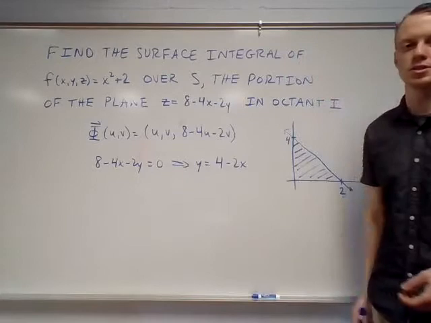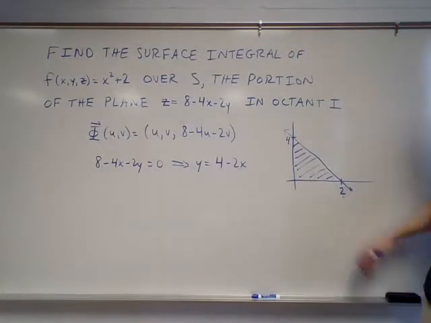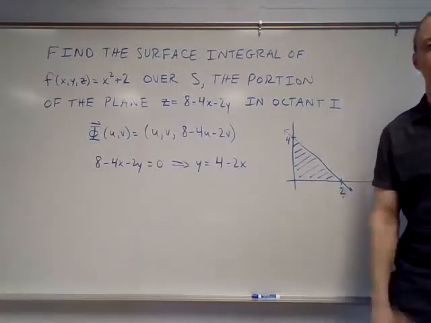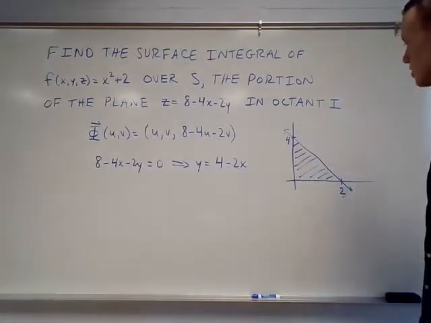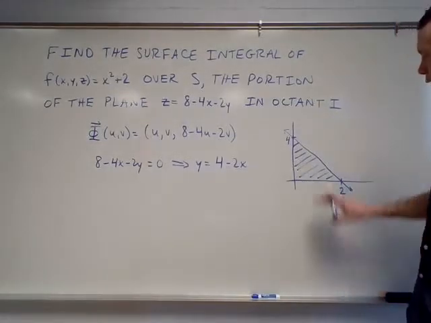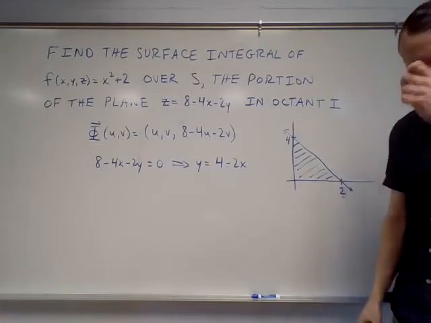So that is the shaded region that we're looking at over here. That's going to be the shadow of this plane in the first octant. So we need to come up with bounds for this region here.